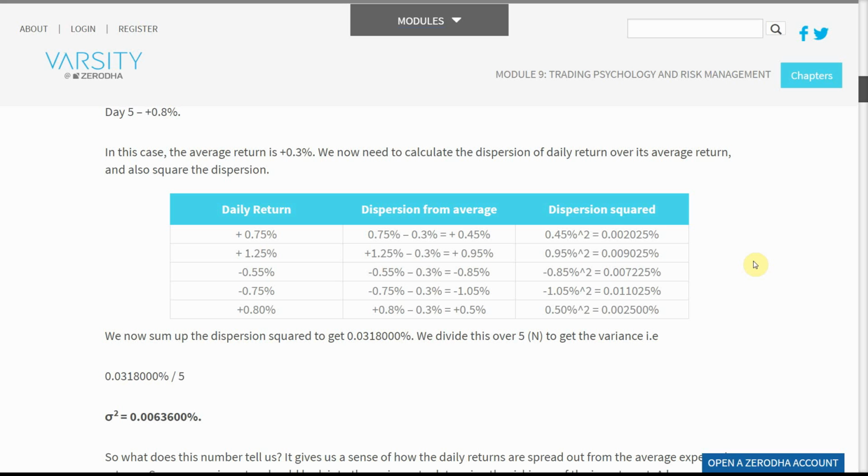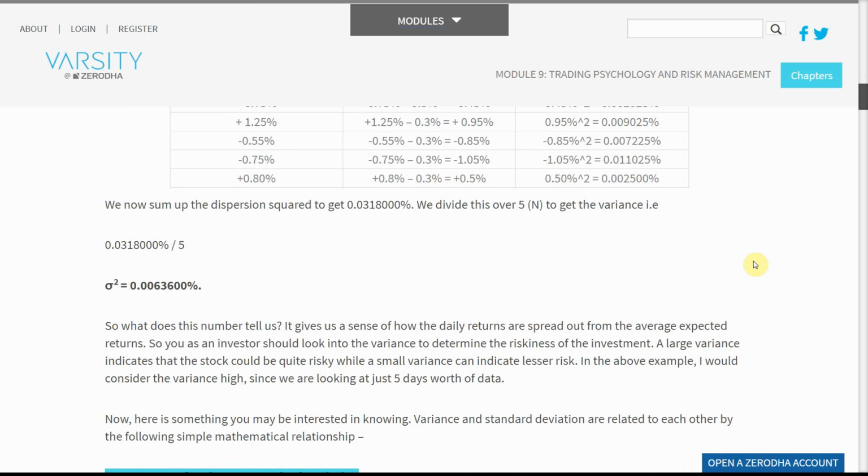Minus 0.75%: minus 0.75% minus 0.3% equals minus 1.05%, 1.05% squared equals 0.011025%. Plus 0.80%: plus 0.8% minus 0.3% equals plus 0.5%, 0.50% squared equals 0.002500%.